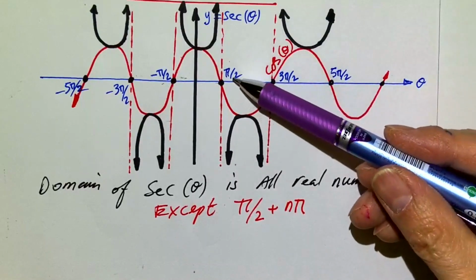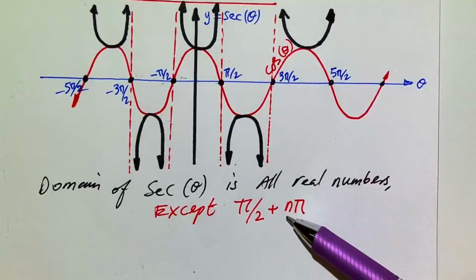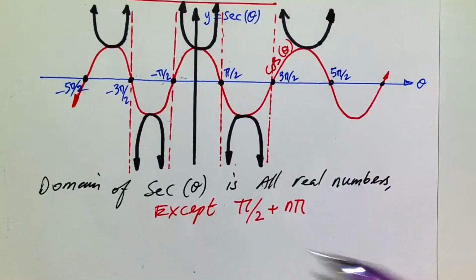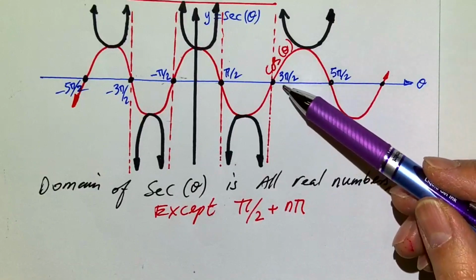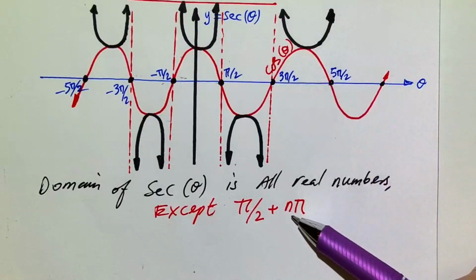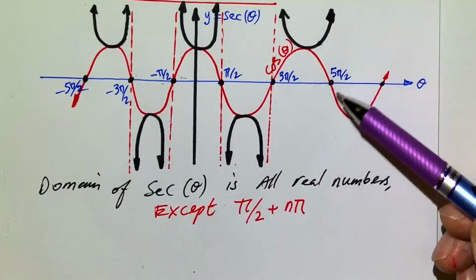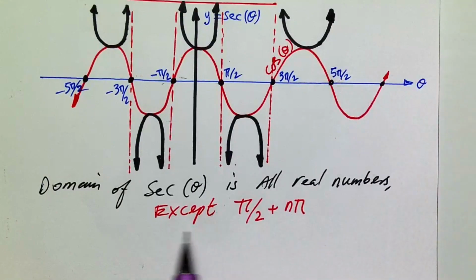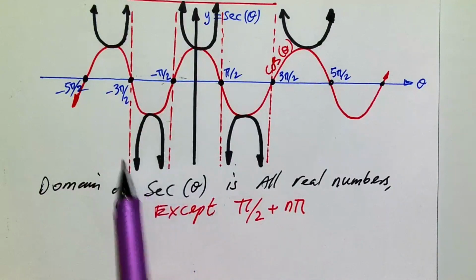Because when you have pi over 2, for n equals 1, you'd have pi plus pi over 2. But what will you get if you do that? You'll get 3 pi over 2. What about if you put 2 pi? Well, then you get 5 pi over 2. So this piece hits all the vertical asymptotes.